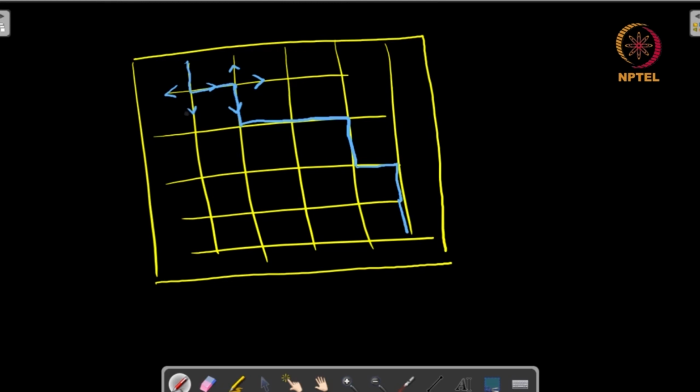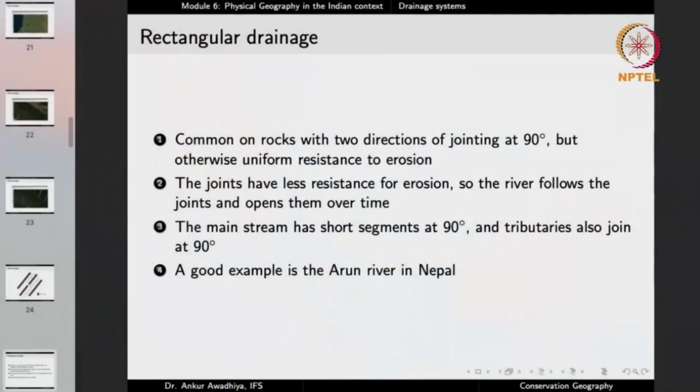So in the rectangular drainage pattern, the rivers or the streams, they move at 90 degrees, then again a 90 degree turn, and so on. So this occurs in those rocks that are very hard. So they are not very easily susceptible to erosion by the rivers, but they have a large number of joints or faults.